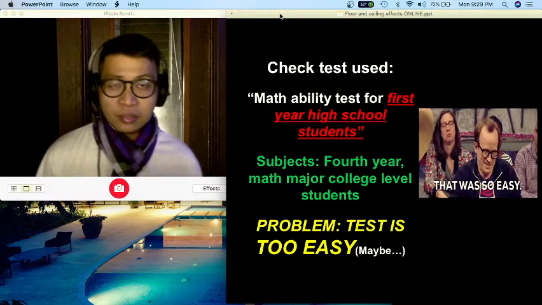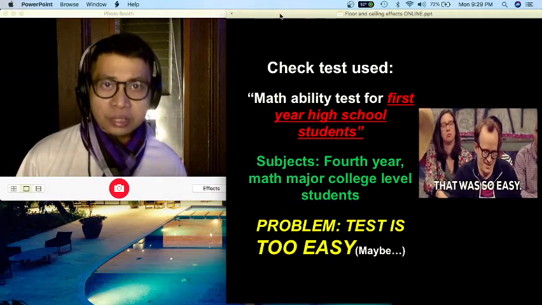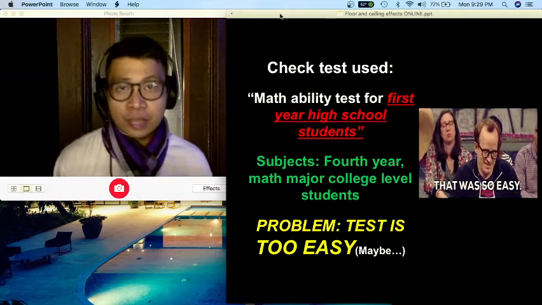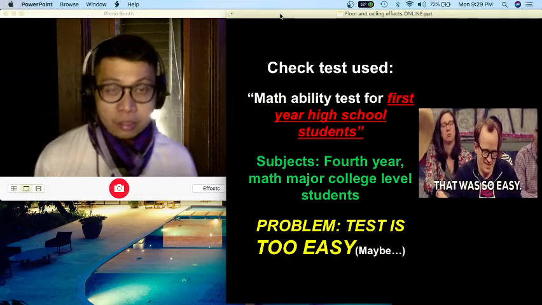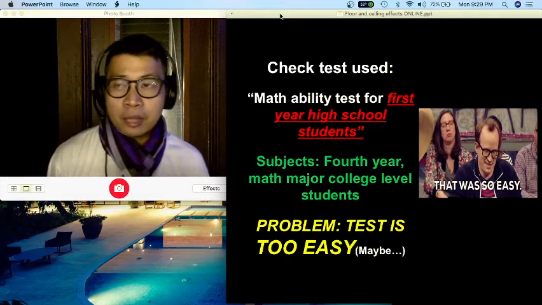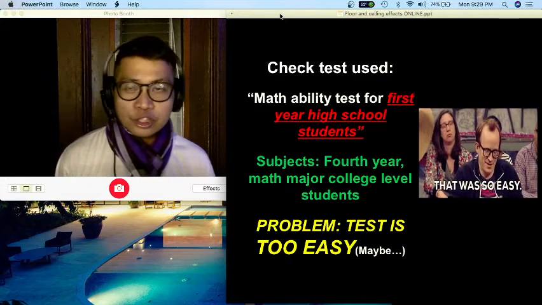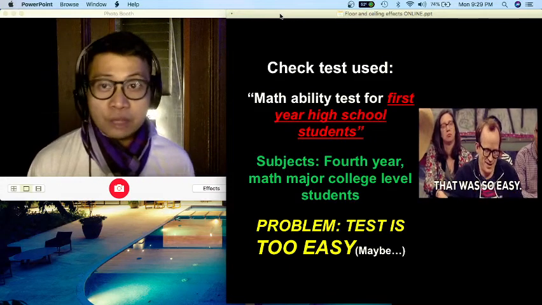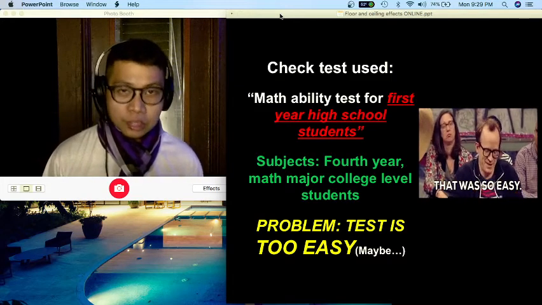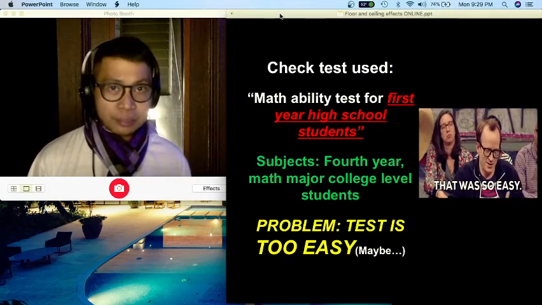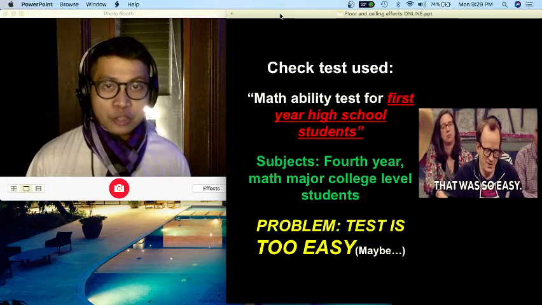Again, given the nature of your participants, the test was very easy for them. Maybe, kaya nga meron ako silitang maybe dyan, maybe meron naman talagang epekto yung IV sa DV. It's just that the effect of IV on your DV did not appear, hindi lumabas, simply because the test was too easy. Okay, so sana na-gets nyo yun, no?